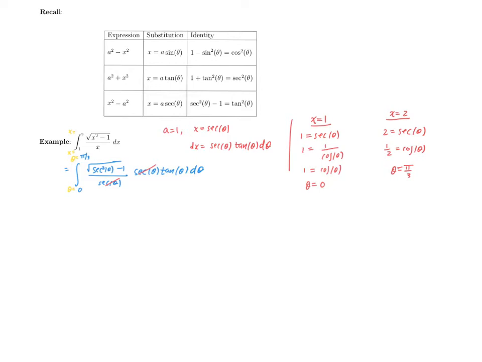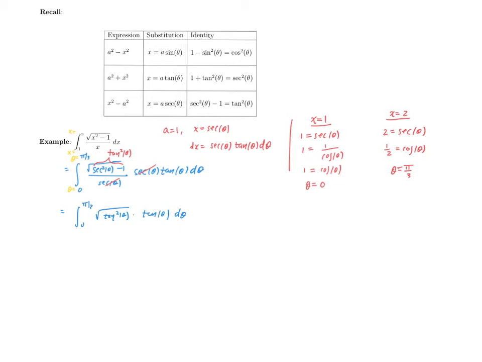Note, underneath the square root, the secant squared theta minus 1 is tangent squared theta. So we have the integral from 0 to pi over 3 of the square root of tangent squared times tangent.